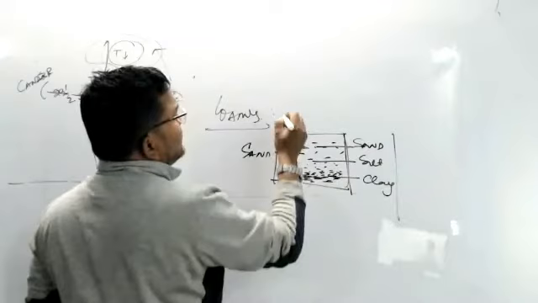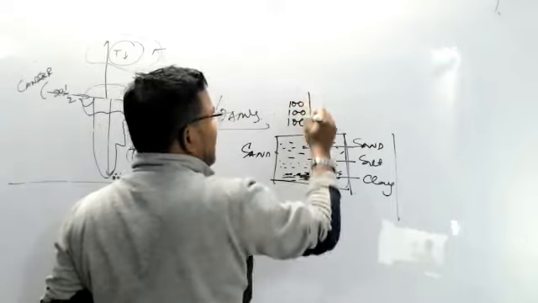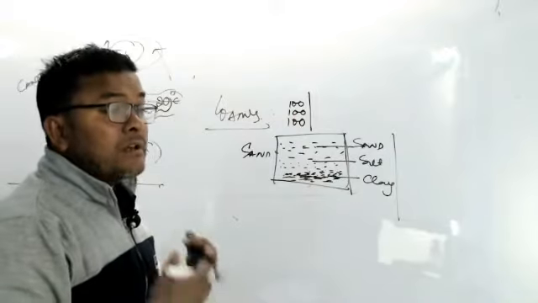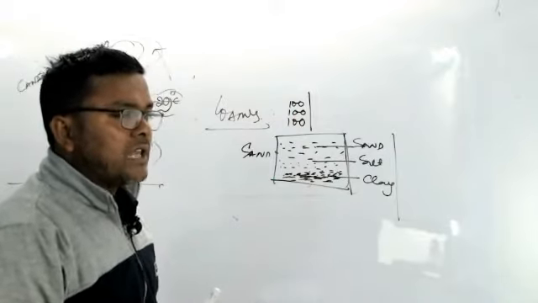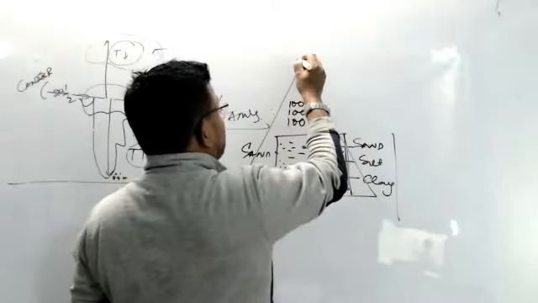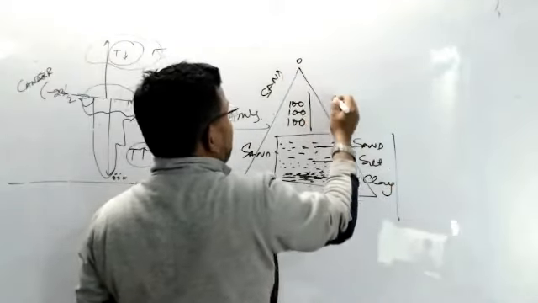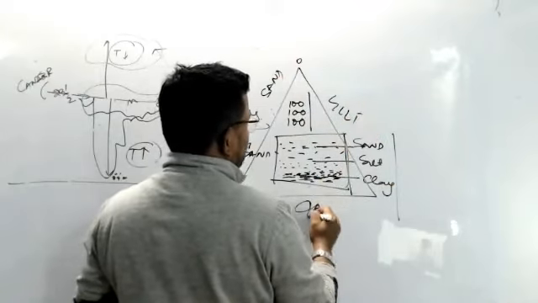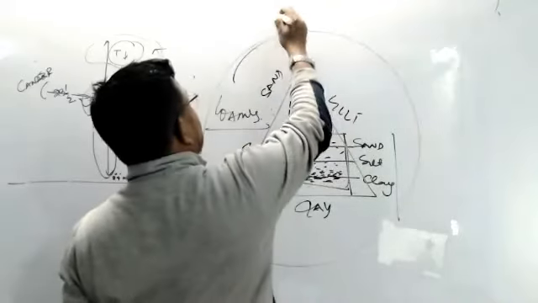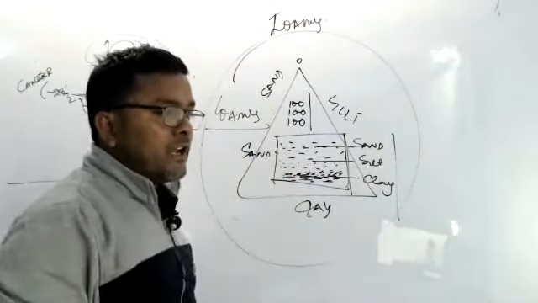When the amount of sand, silt, and clay is in good proportion, this equal proportion soil is together called loamy soil. Loamy soil means a very good soil.